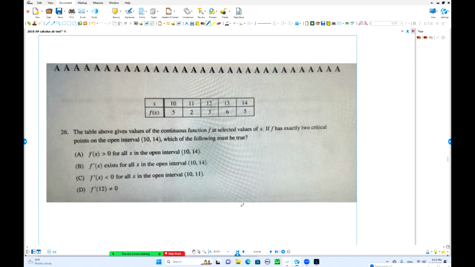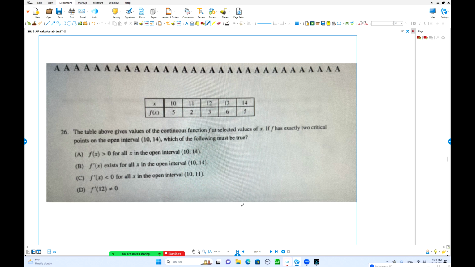Number 26. You have 5 selected values of x and its value of y. The table above gives the values of a continuous function f at selected values of x. f has exactly 2 critical points on the open interval.